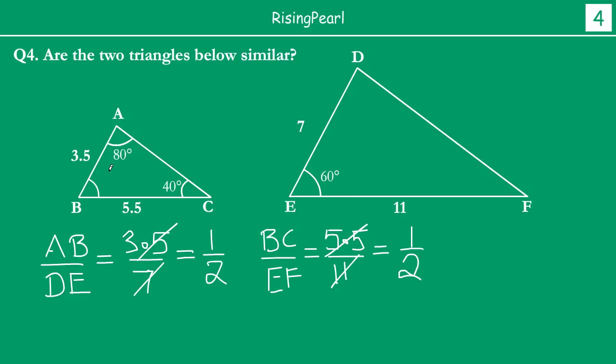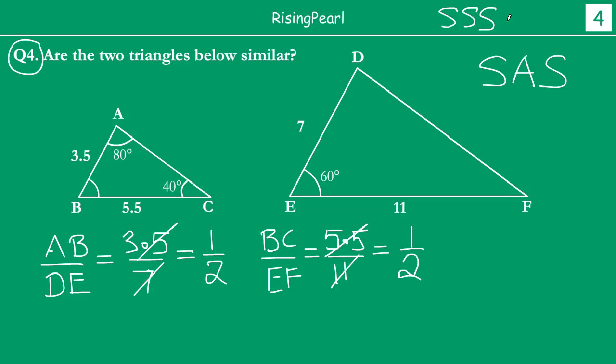Now if I can prove that these two angles are equal, then I can say two triangles are similar by the SAS similarity rule, right? In the last three questions, we did not mention the similarity rule, but we were proving the similarity by the SSS similarity rule.